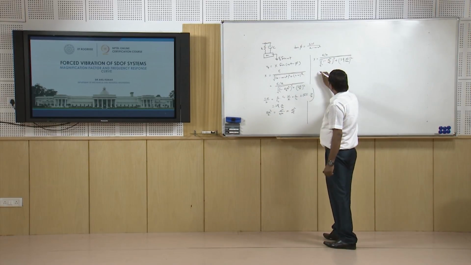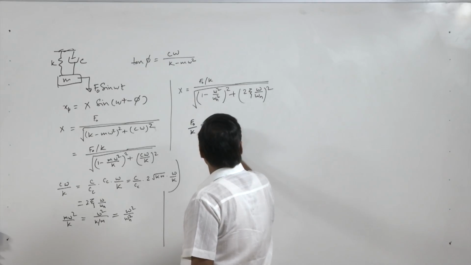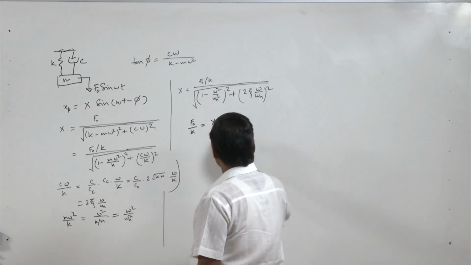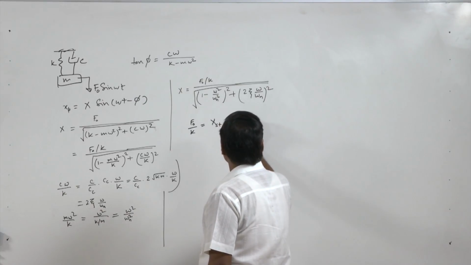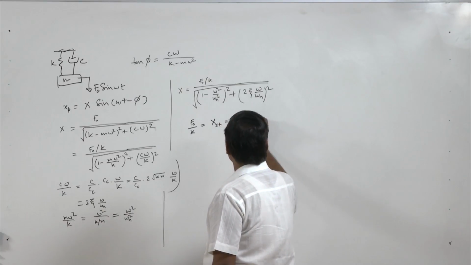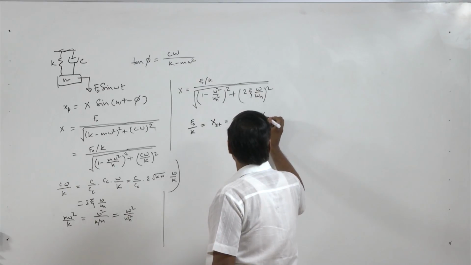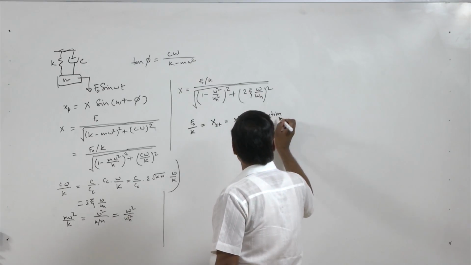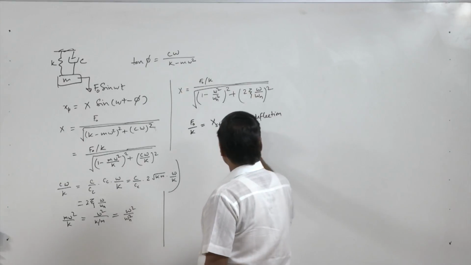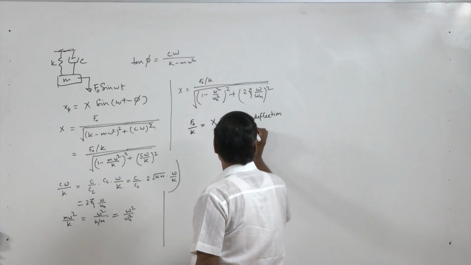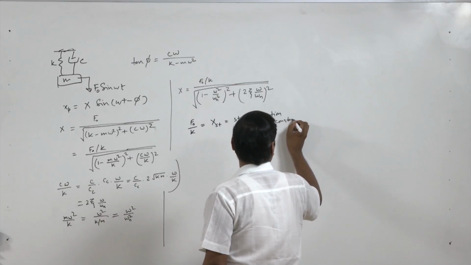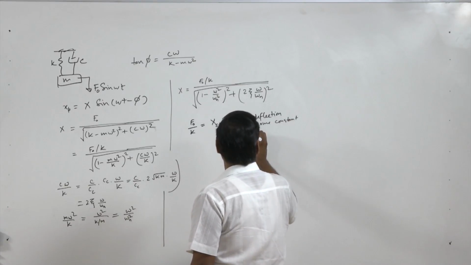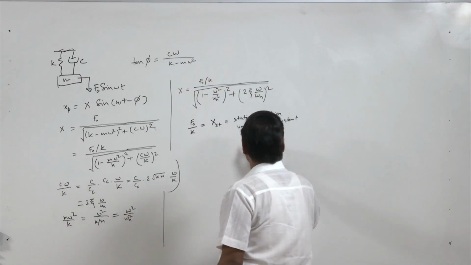Now what is F0 by k? This is Xst, which we defined as the static deflection under some constant force F0.